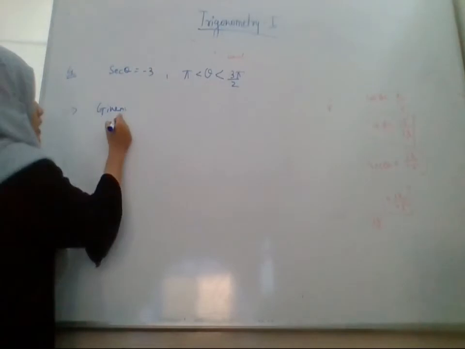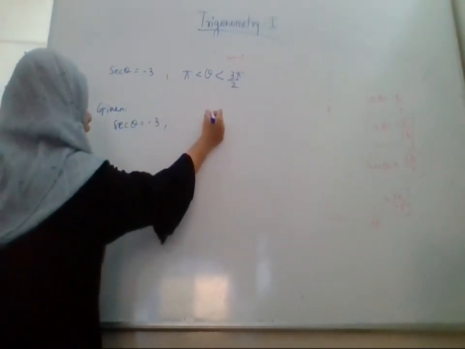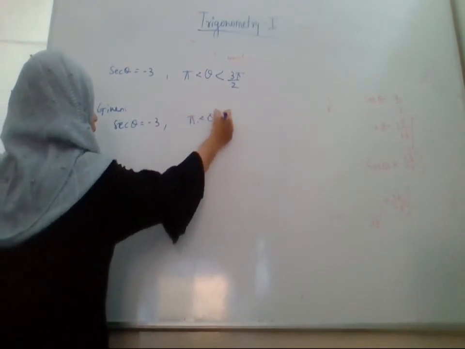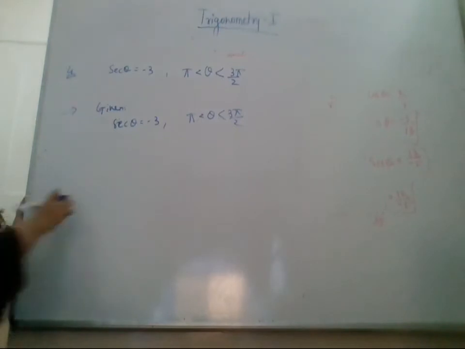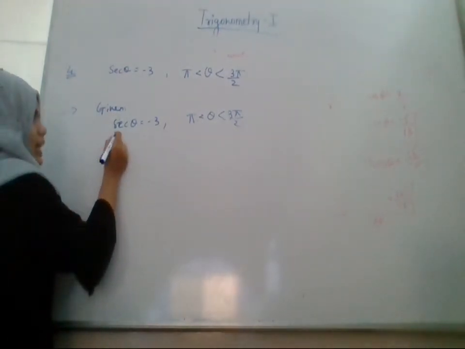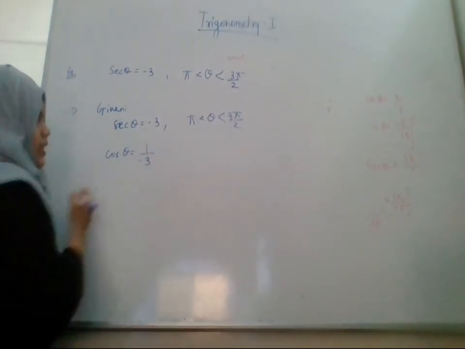So given is sec theta is minus 3 and theta lies between pi and 3 pi by 2. Now from sec we know that sec is the reverse of cos. So cos theta is equal to 1 upon minus 3.